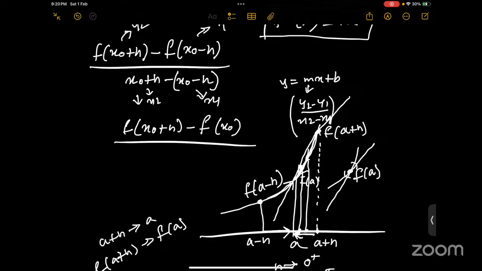Then the case is basically same, right? Again, we can take these two points a minus h and a plus h as our y1 and y2 and the corresponding x1 and x2. Then we can again do the same thing. So these are basically nothing but the same thing, right?